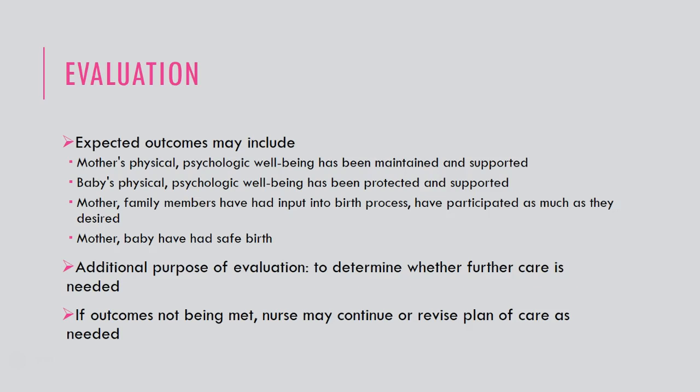They have an input into the birth process whenever we're providing this family-centered care model. So allowing them the opportunity to participate as much as they want to is important. The mother and the baby, obviously, having an outcome of a safe birth and being healthy at the end of all of it is, again, the overriding goal.